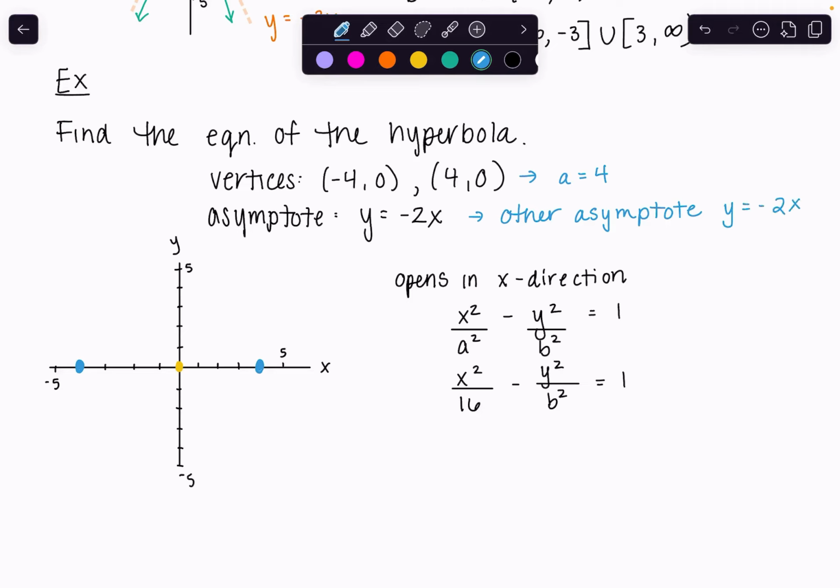So my other asymptote is going to be positive 2x. So going through and graphing that, that would give me a slope of 2 over 1, which would put me right here. Then you could go down 2 over 1. So that asymptote would look like this.